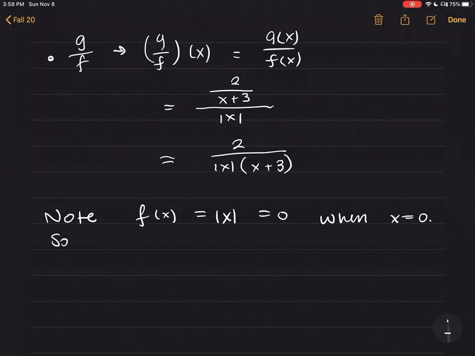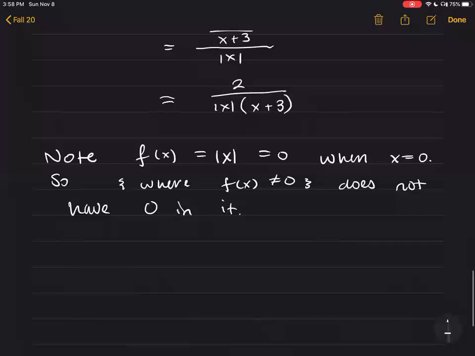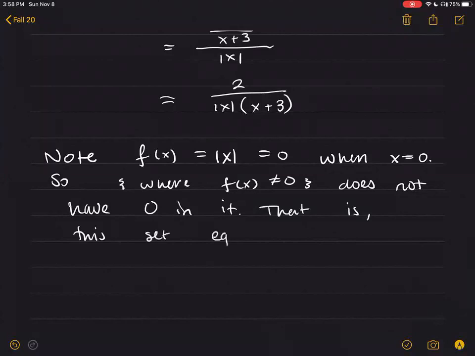So the set where f of x is not 0 does not have 0 in it. So when we do our domain, this set equals everything except for 0, which we can write like this.